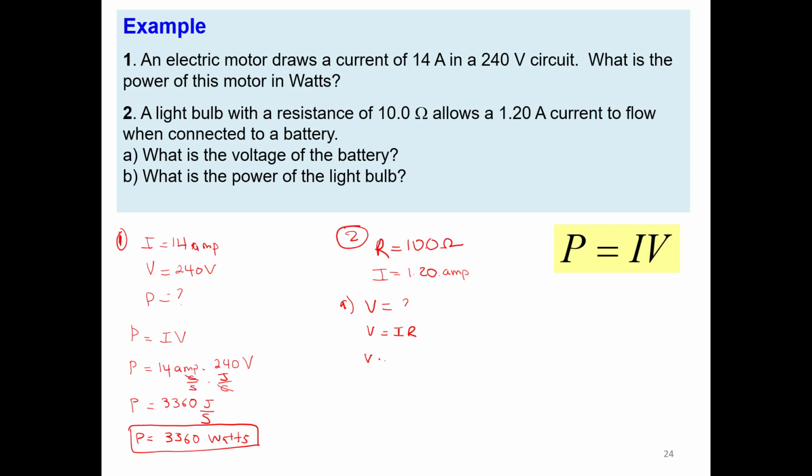Then we calculate 1.2 amp times the resistance, which is 10 ohms. Then the voltage equals 1.2 times 10, which is 12.0, and because it's voltage, we expect the units in volts.